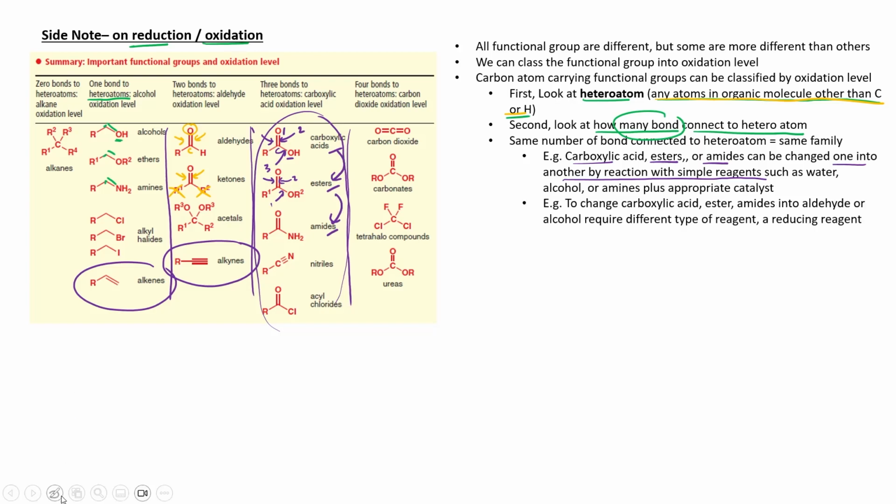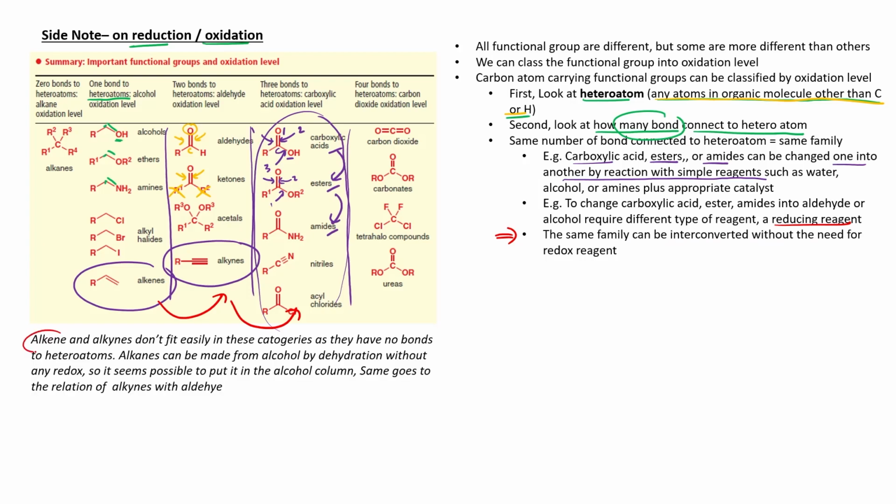But if you want to convert the alcohol to here, then you need to use a reducing or oxidizing agent. So the same family can be interconverted without the need for a redox reagent. Redox means reduction and oxidation reagent.